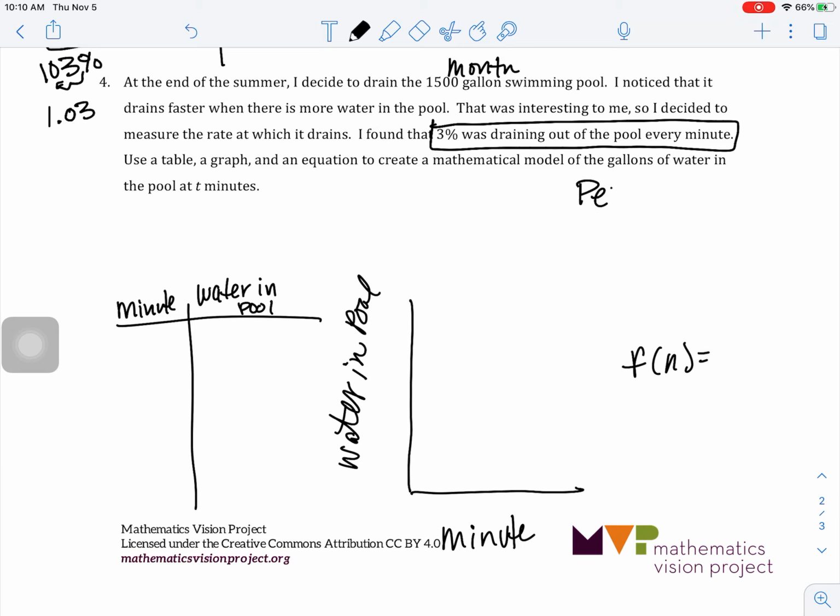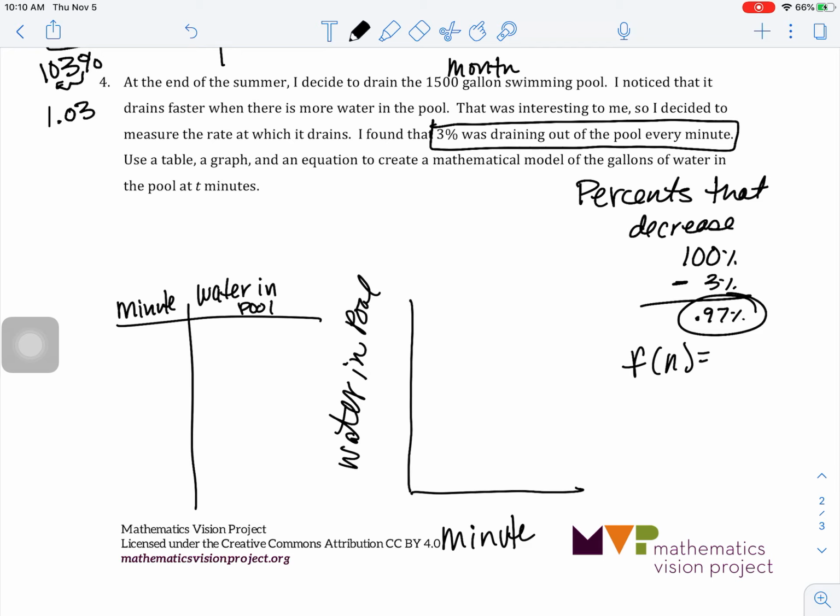So when you have percents that decrease, you start with 100 just like we did before, and then you subtract the percent, and that gives you a new total, which in this case is 97%. So you start with 100, you subtract the amount that it decreases, and then you have a new percent, and then you turn that into a decimal with the same strategy, either by dividing by 100 or moving the decimal.